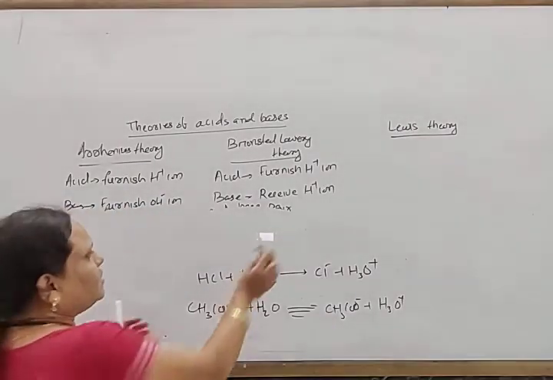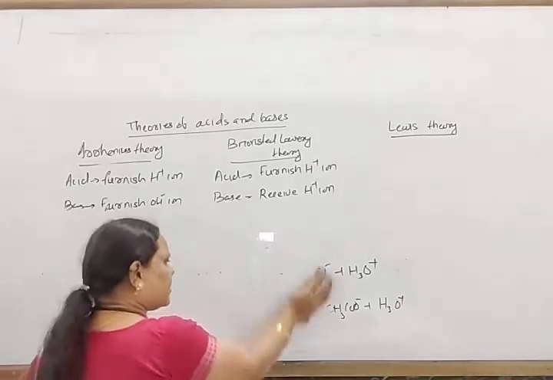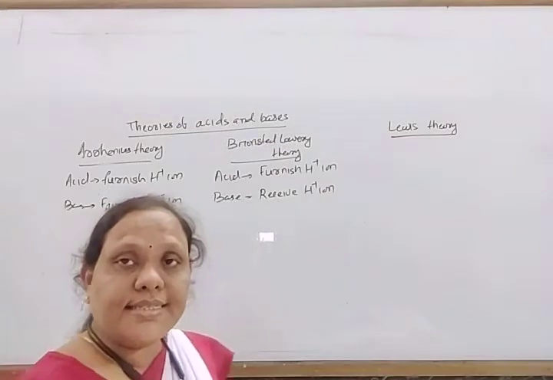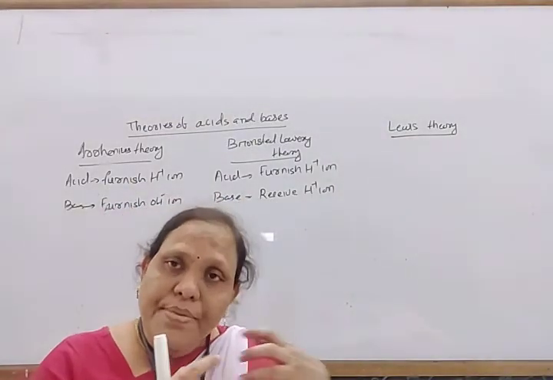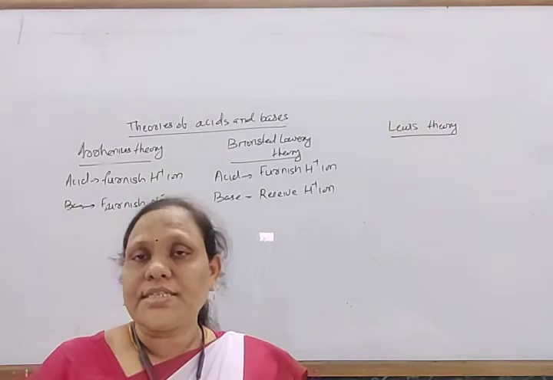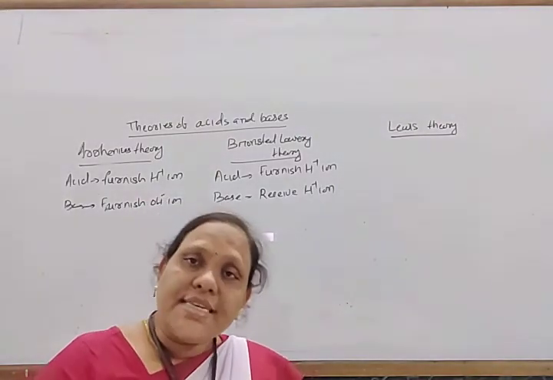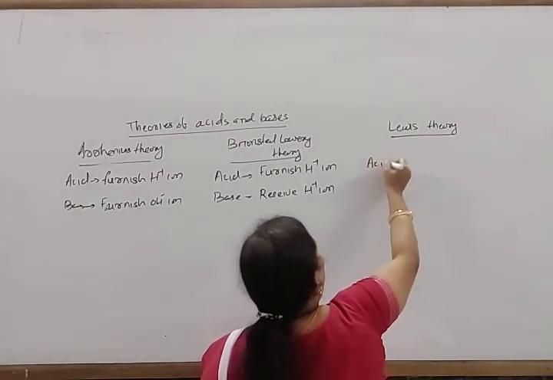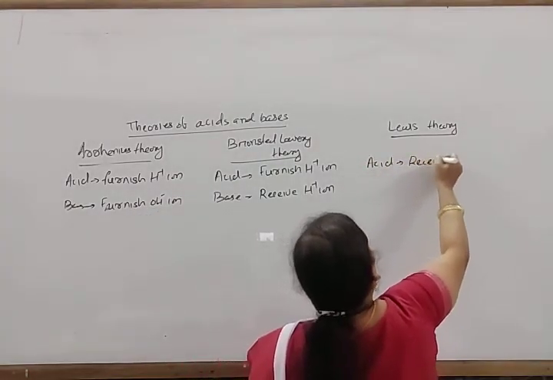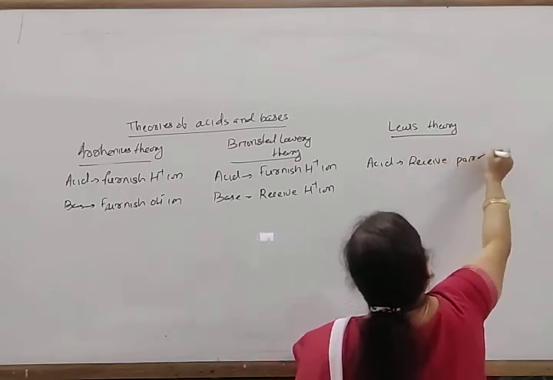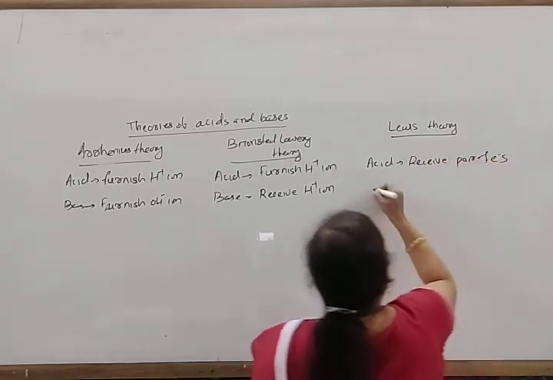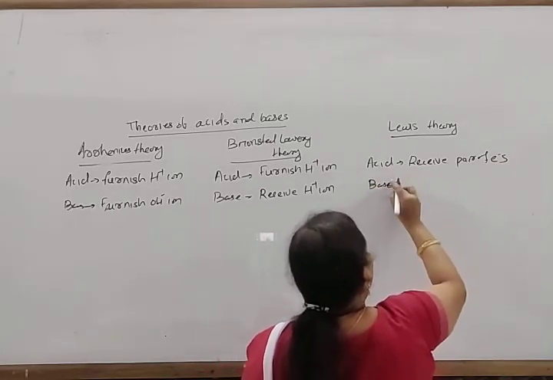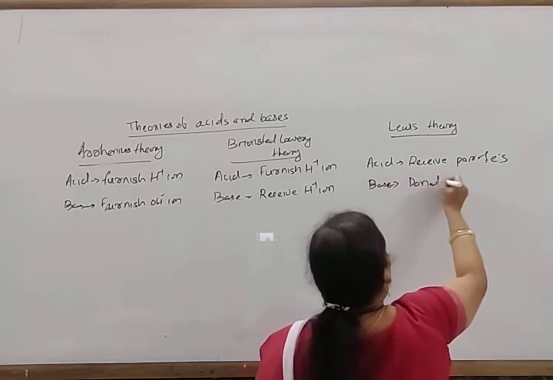So according to Lewis theory, an acid is a substance which has the tendency to receive a pair of electrons, while a base is a substance which has a tendency to donate a pair of electrons.